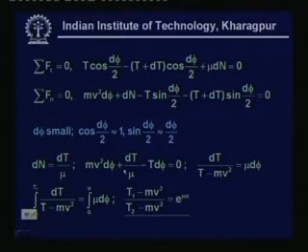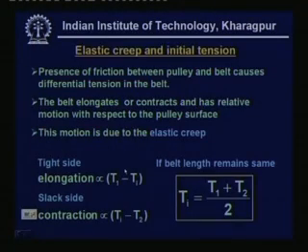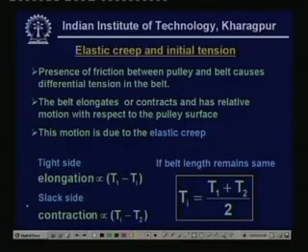Now, next we go to the situation. This equation we have already done, and this one is the elastic creep and initial tension. Let us understand what this is. The presence of friction between pulley and the belt causes a differential tension in the belt, that you have just seen.